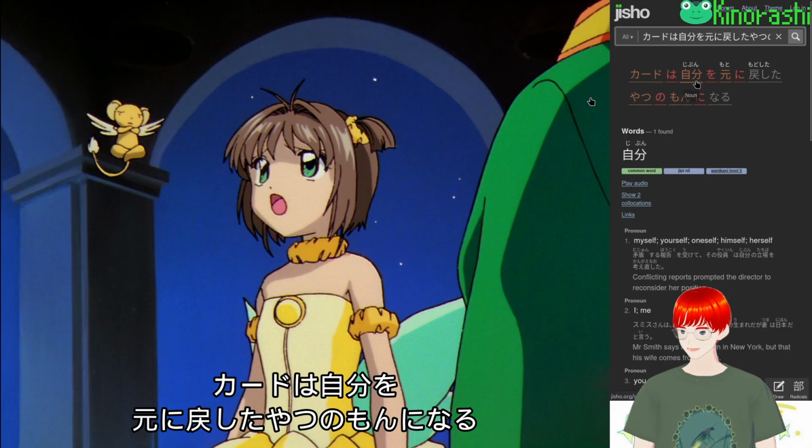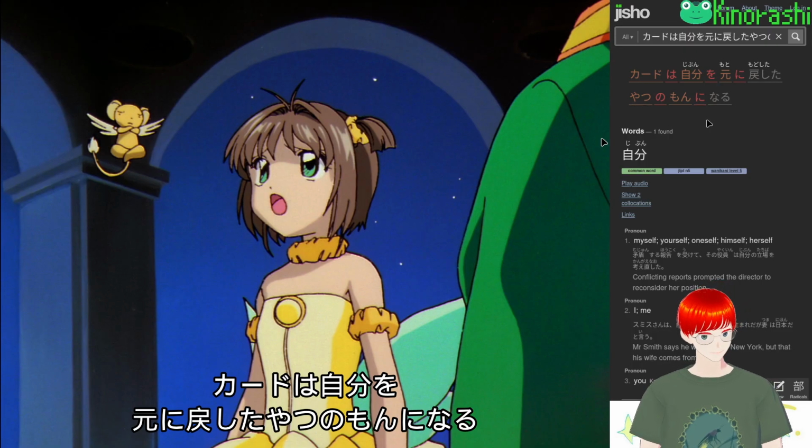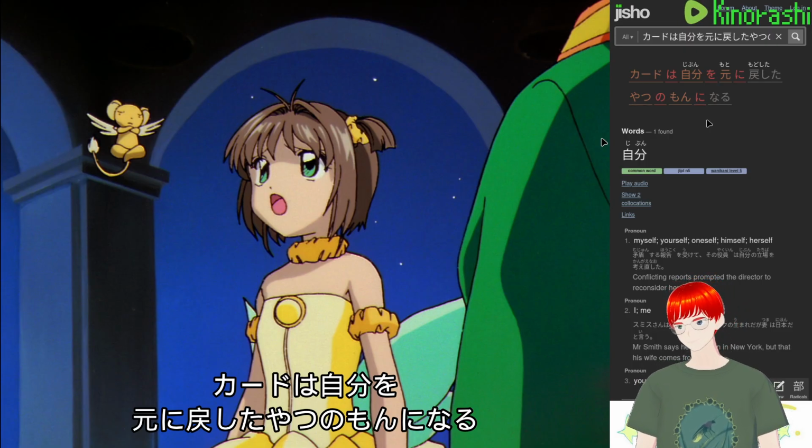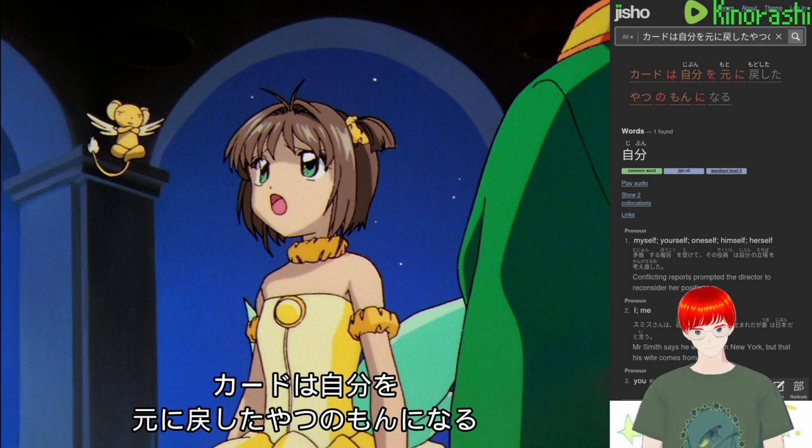So the person that returns it to its original form, it becomes the thing of that person when it belongs to that person. So, kado wa jibun wo moto ni modoshita yatsu no mon ni naru.